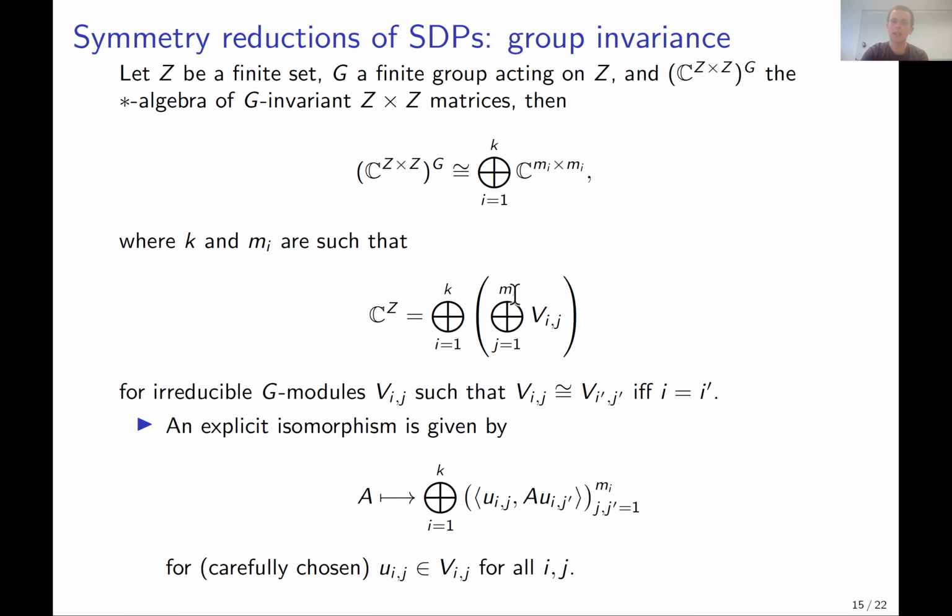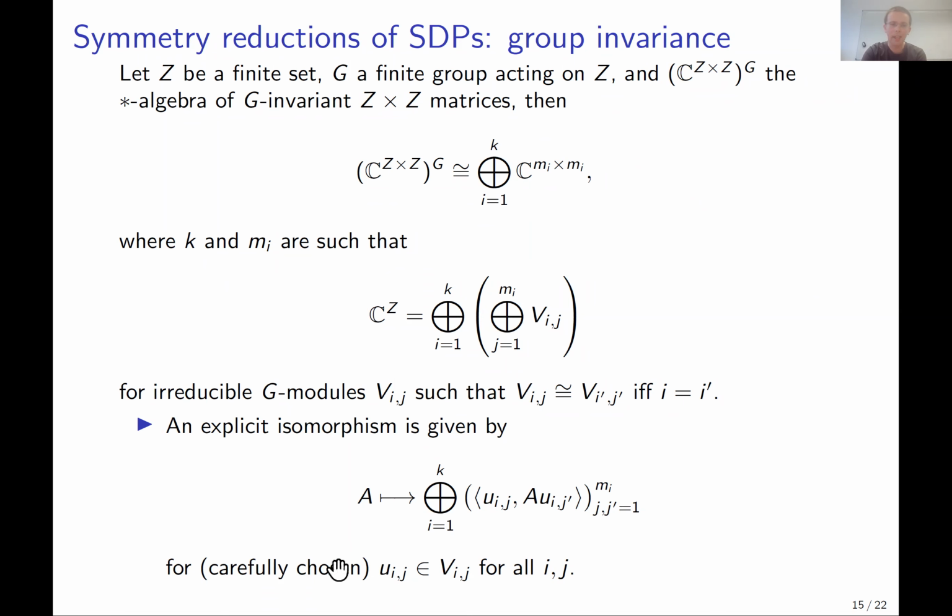And the way to find this isomorphism that Artin-Wedderburn promises exists is basically based on this decomposition of your vector space. If you have this decomposition, what you need to do is select one element from each of these vector spaces.